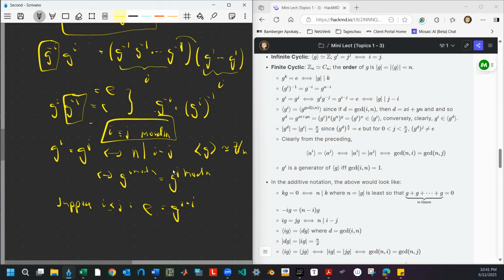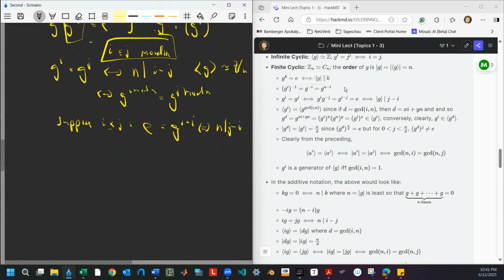Since e is equal to g^(j-i), from the thing we did above, that tells me that n divides j minus i. And if it divides j minus i, it divides i minus j. You don't have to worry about the order there; that's the symmetry of this relation. Good, so that does that one.